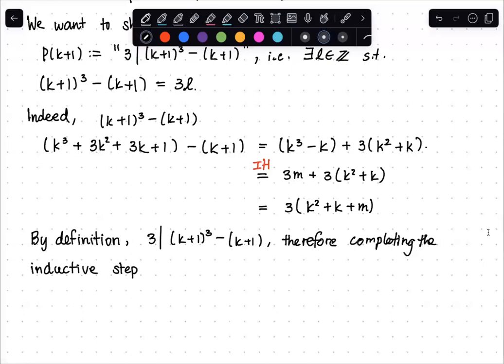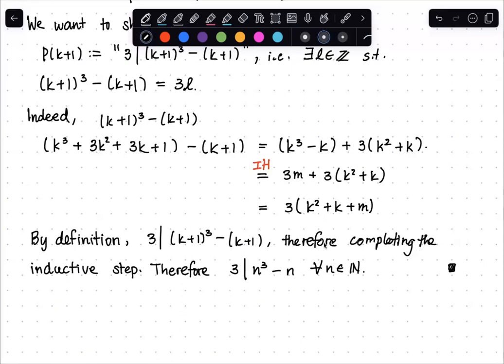So therefore, 3 divides n cubed minus n for all n. So there we completed the proof.